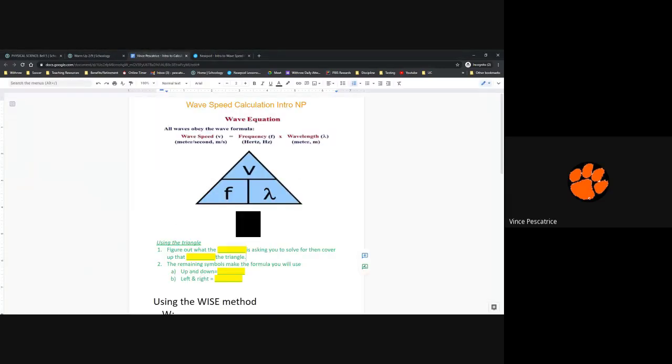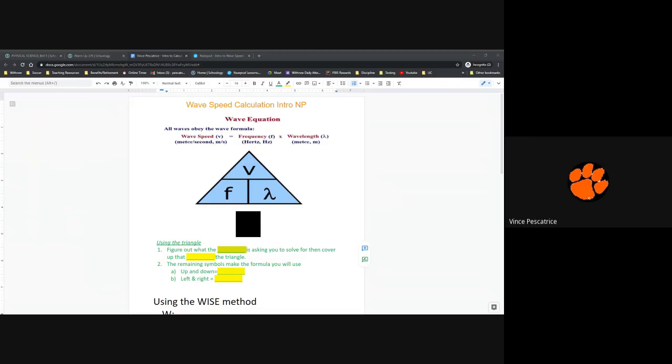Try to figure out what the question is asking you to solve, then cover that symbol on the triangle. If you're left with something that's going up and down, you have division. If the two letters that are left are going left and right, you have multiplication.